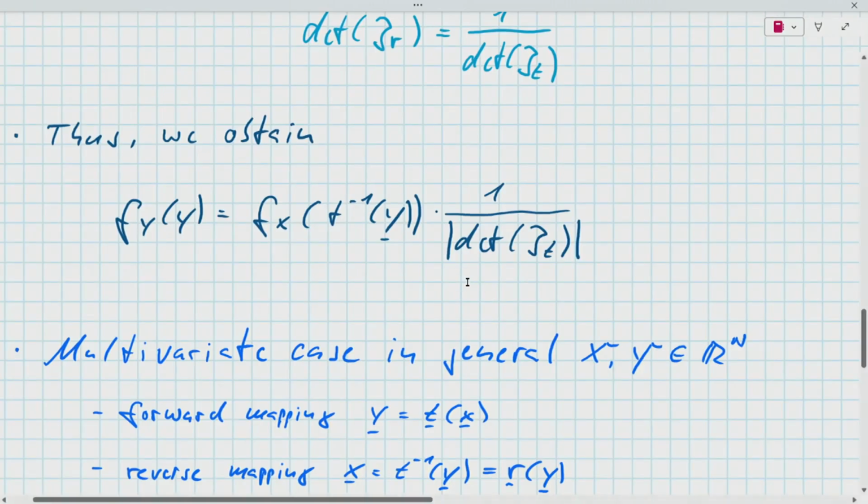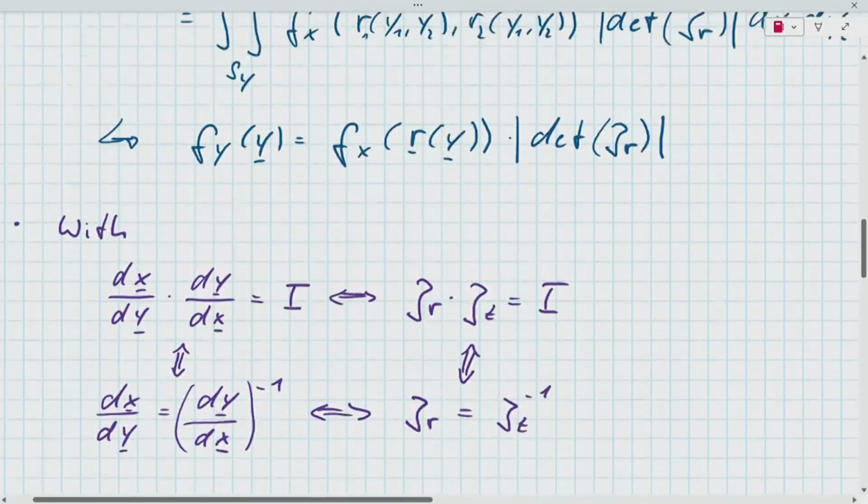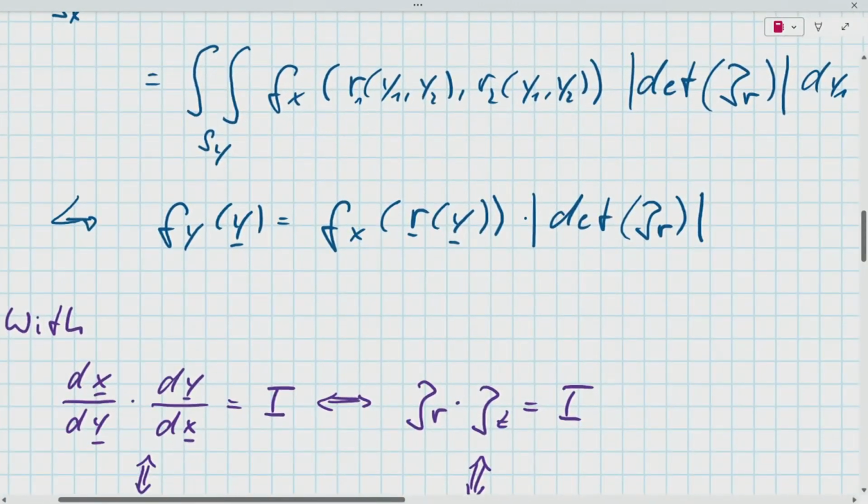So instead of, perhaps we can take a look at it again. So instead of using this formulation, where we plug in the reverse mapping into the original density times the determinant of Jr, let's forget for a second the absolute value. In the upsloping case, we can just ignore it.